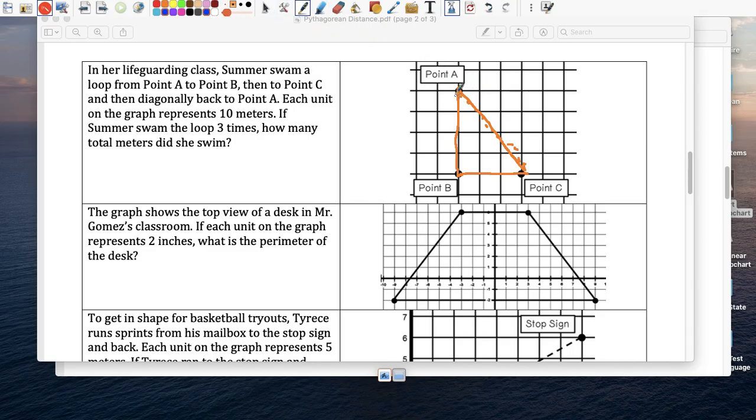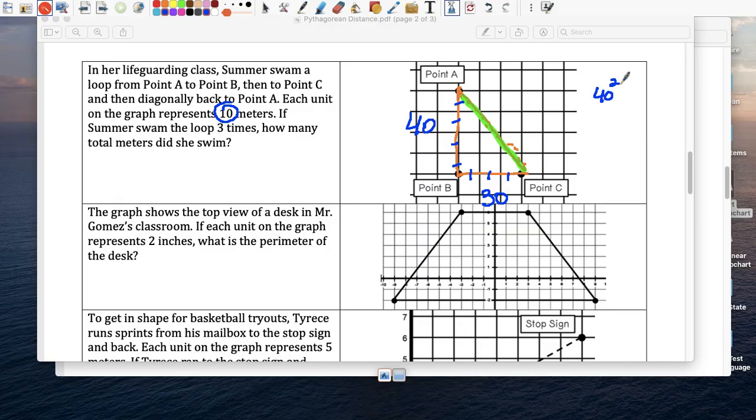So let's find from point A to point B is 1, 2, 3, 4, but it says that each unit is 10 meters. So instead of 4, you're going to write 40 over here. From point B to point C is 3 units, but 3 times 10, which makes this 30. And this is what we need to find, the hypotenuse. Well, we can do that.